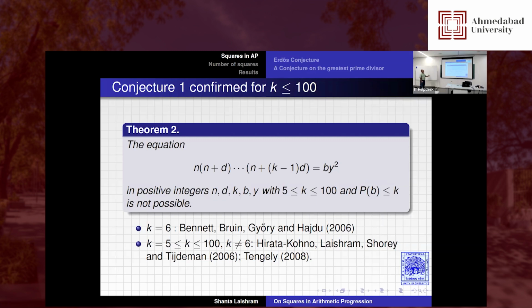So for any k consecutive terms, the product cannot be a square, or almost a square times a square-free number whose largest prime factor is less than or equal to k. And from here, for b equal to 1, with some arguments, I can extend 100 to 109. That was the original result I had.